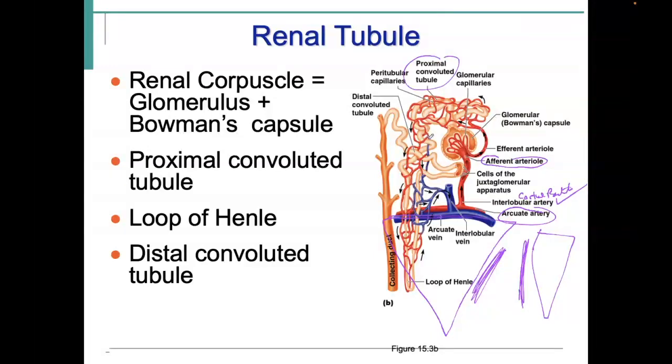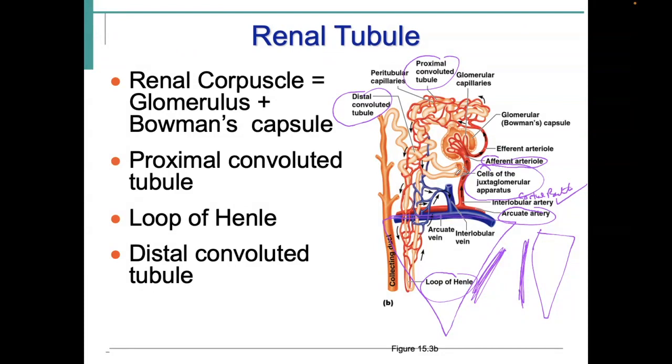And it's going to make a whole big mess, right? Then it's going to, if we follow it, it's going to come down like this in this direction. This is the descending limb. Here's the loop of Henle. Now it's the ascending limb of the loop. And now right here, this is the distal convoluted tubule. We see it here, distal convoluted tubule. But what I said in the earlier frame was that part of the distal convoluted tubule is so convoluted that part of it gets very, very close to that afferent and efferent arteriole, creating the cells of the juxtaglomerular complex.